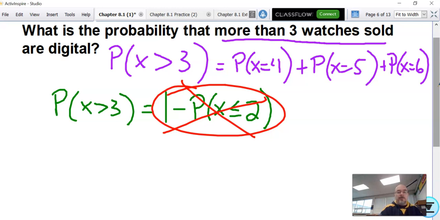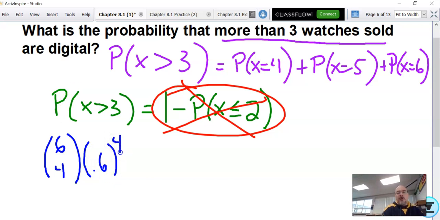All right, here we go. So it would be 6 combination 4, and then it would be 0.6 to the 4th power, plus 6 combination 5. Whoops, hold on here.